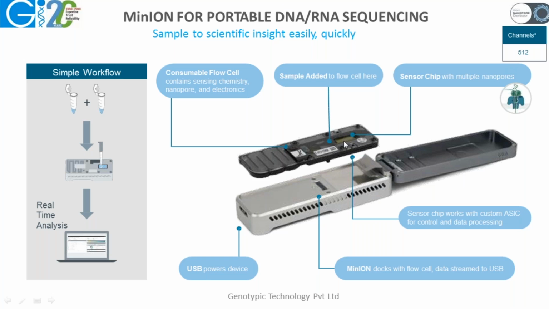The sample is loaded here, and when the MinION is connected to a PC or a laptop, with that power itself the sequencer works, and the data is generated and transferred to the computer, and can be analyzed either in real time or at a later point. It's a very simple thing, wherein you don't need too much infrastructure. In fact, you don't need a clean room or anything like that.